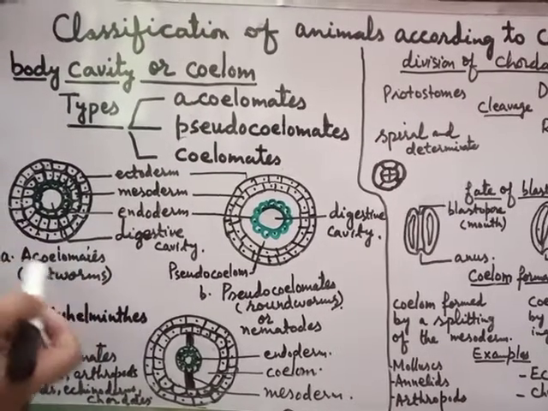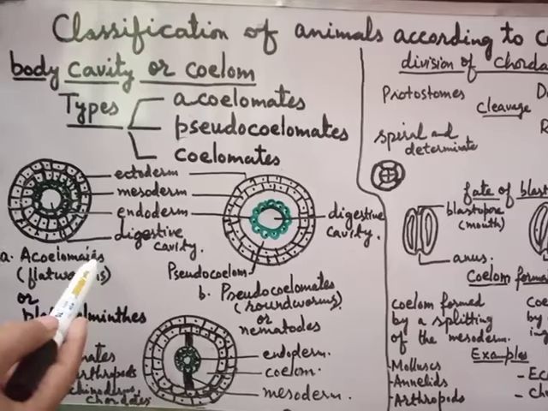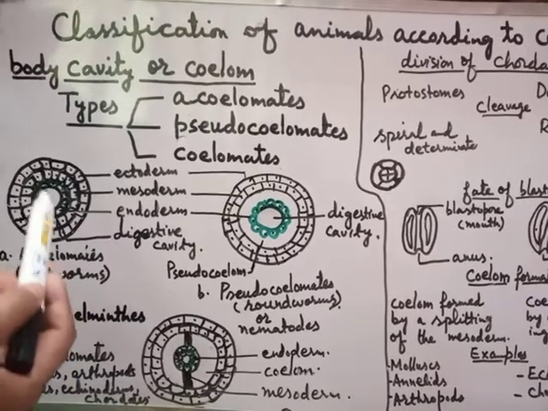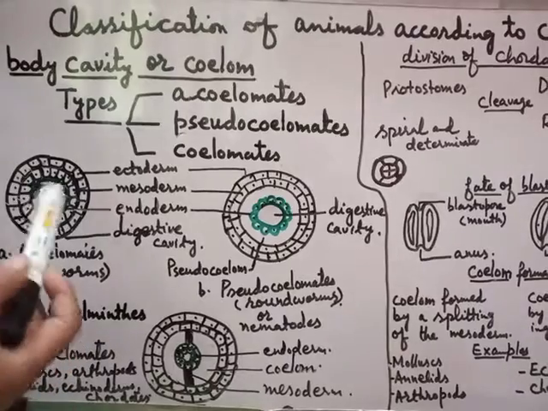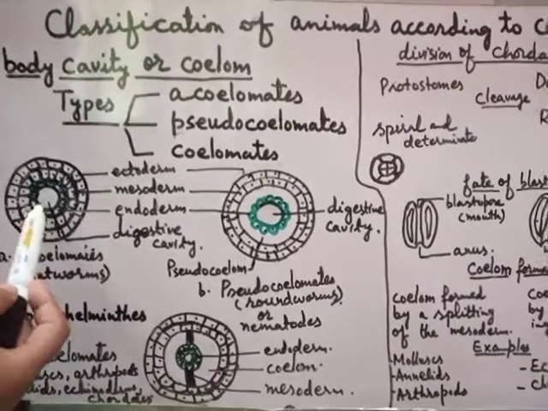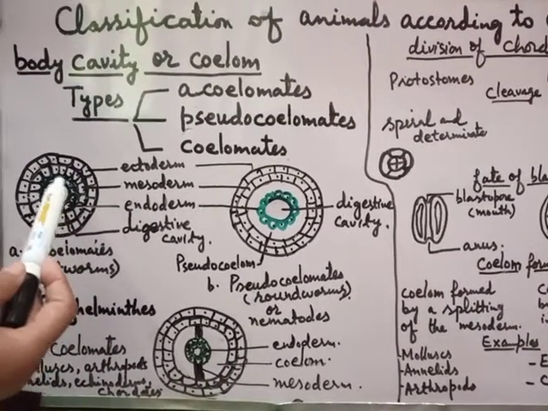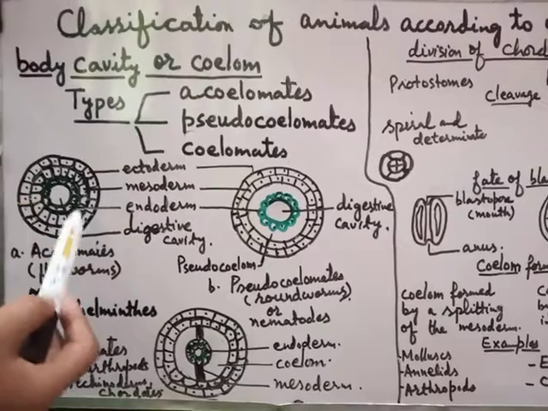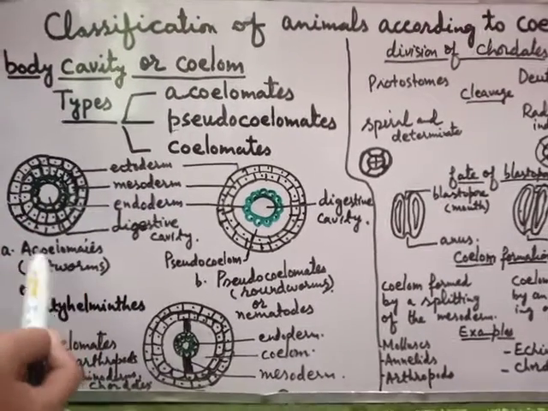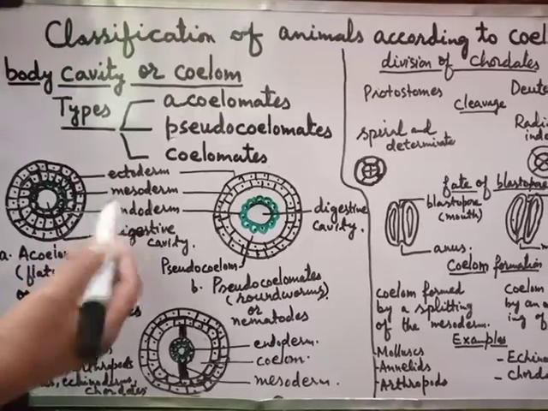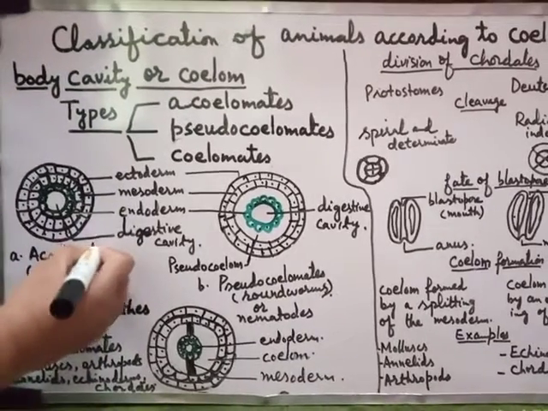Now, student, acoelomates are animals in which there is no body cavity or coelom present. You can see this is the digestive cavity and it doesn't have any coelom around it. So these animals which are without coelom, we call them acoelomates.